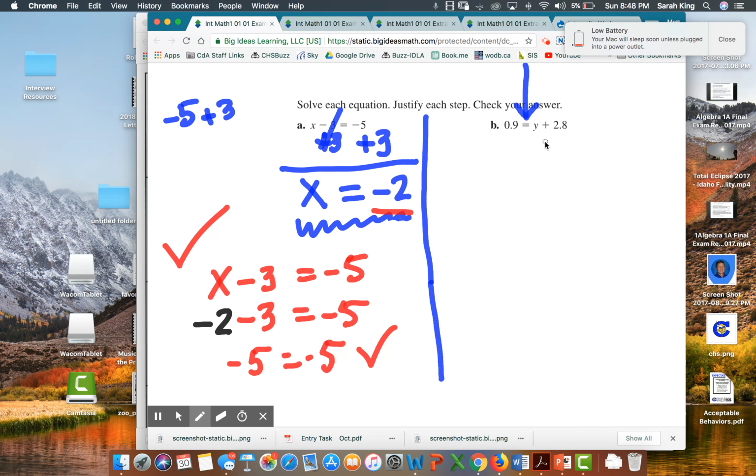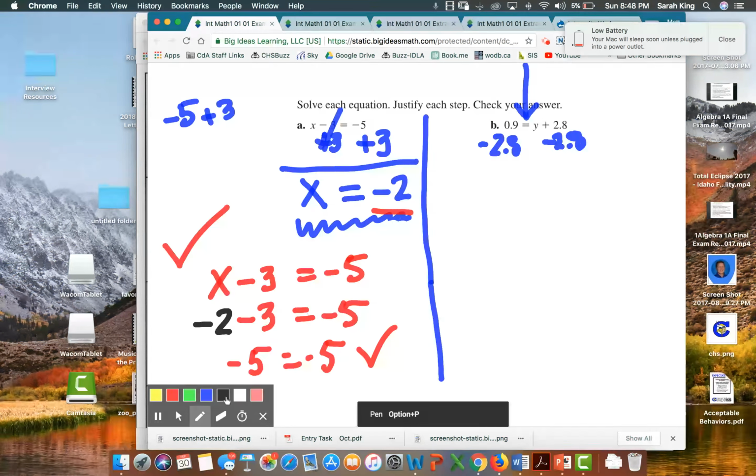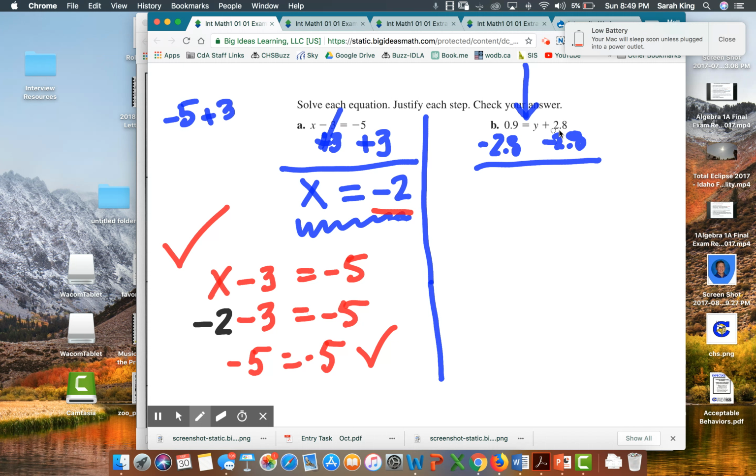So whatever I do to this side, I do to the other. I'm going to go -2.8 on both sides, and the reason I go -2.8 is because it's a positive 2.8 right here, so the opposite.